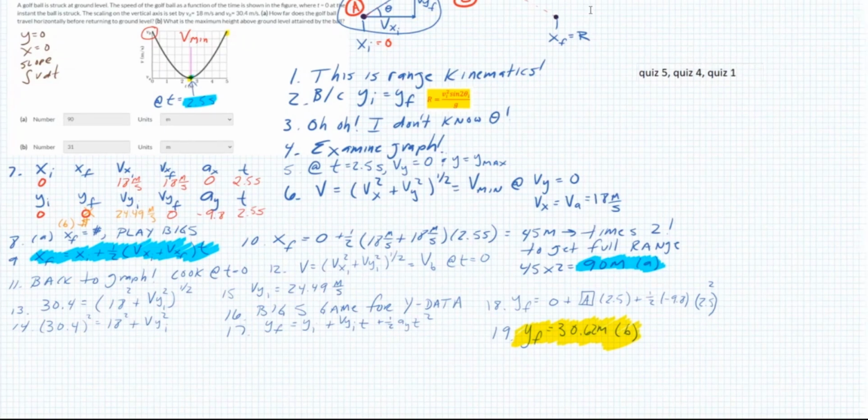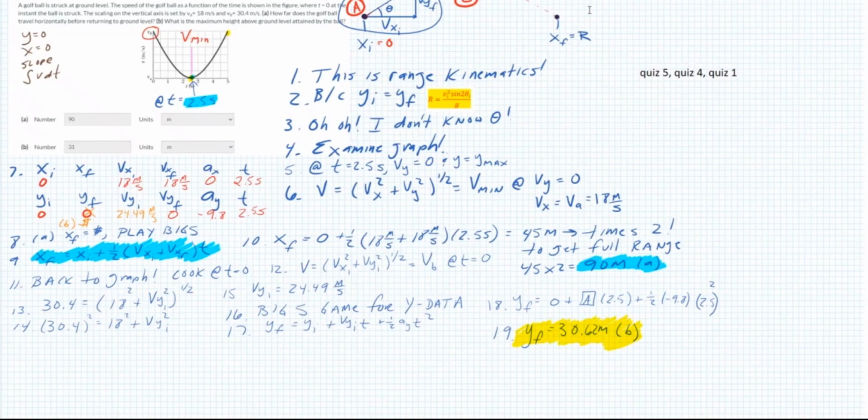How is this wrong? Quiz 1, 4, and 5. One is done. Four.